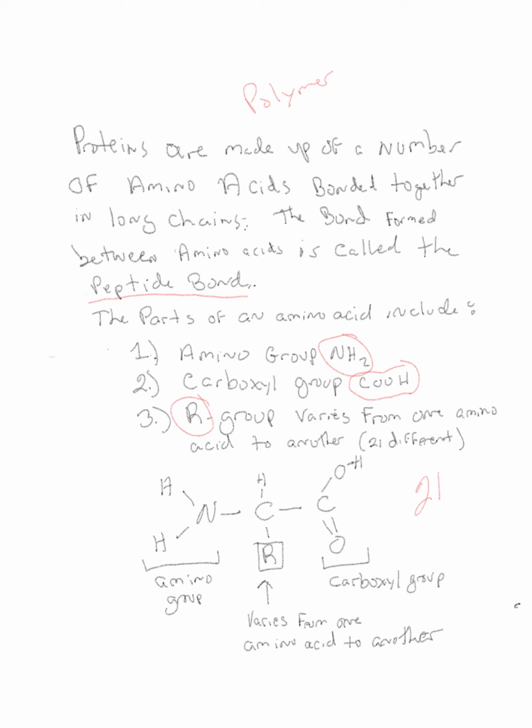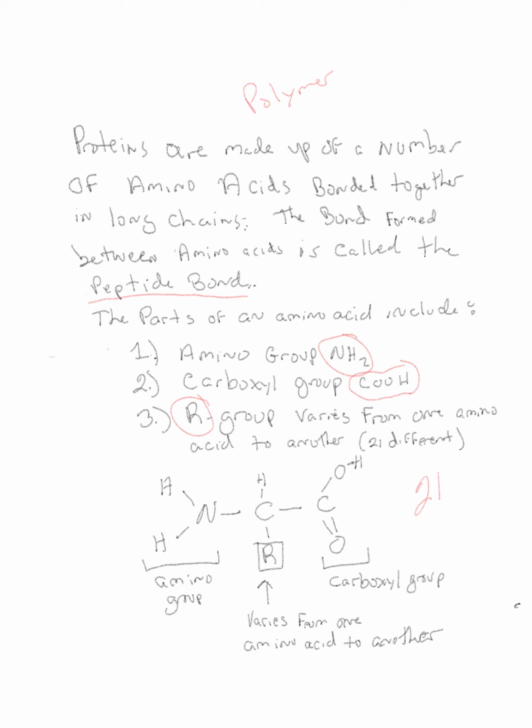Your DNA encodes for the sequence of amino acids in a protein, because every protein will have a unique sequence of amino acids. So if I have one type of protein, the amino acid sequence will be different than in another protein. And again, there's 21 different kinds of amino acids.